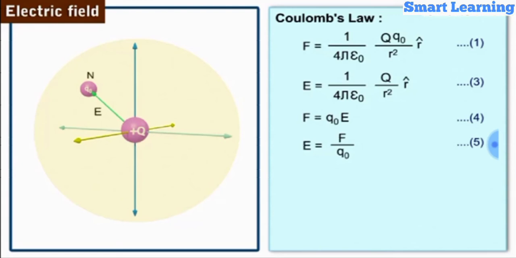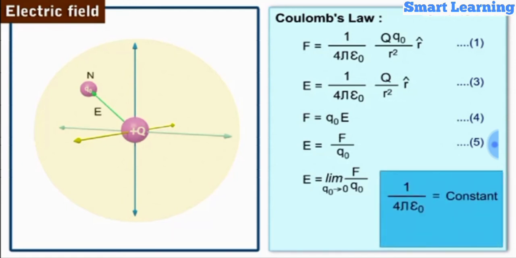Hence, at point N, we write the electric field strength E equal to F by q0, limit q0 tending to 0, for a given distance r from a source charge q. The value of 1 by 4 pi epsilon naught is always constant, and hence E as given by equation 3 will also be constant.